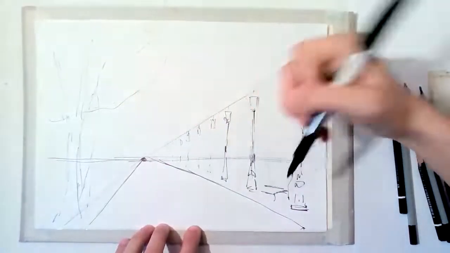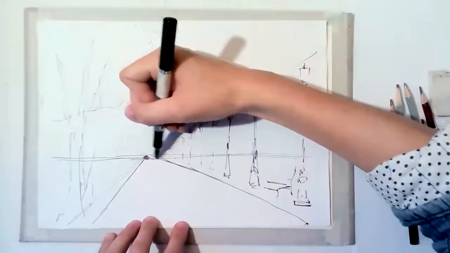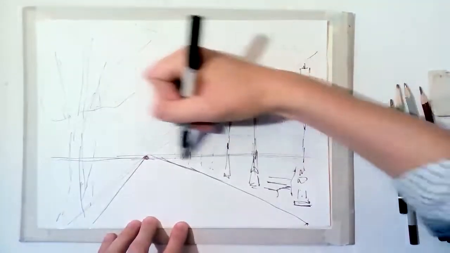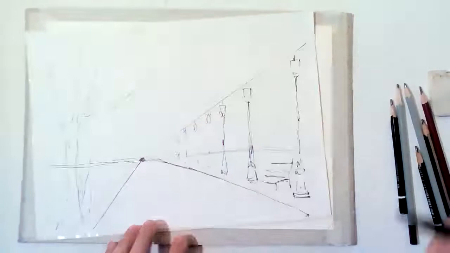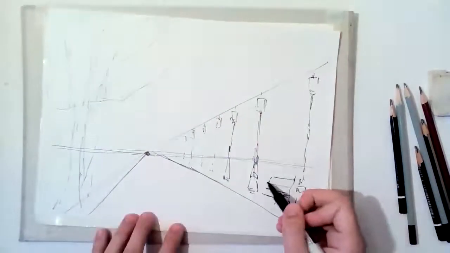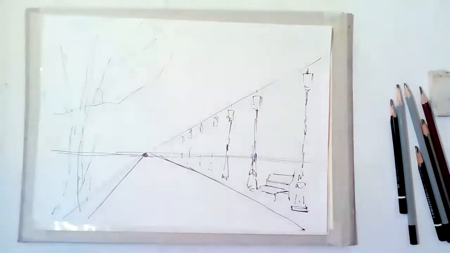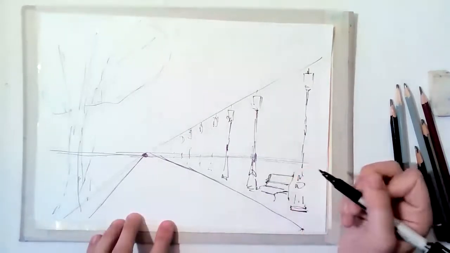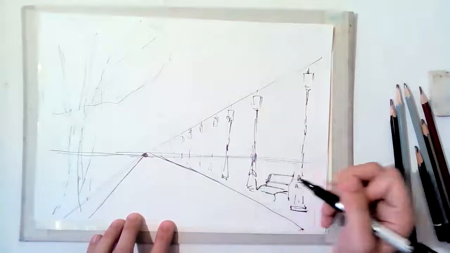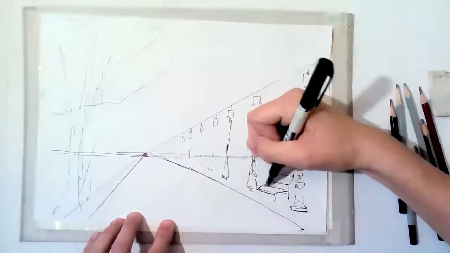And it means the closer part of the bench to us should be a bit bigger than the one far away.